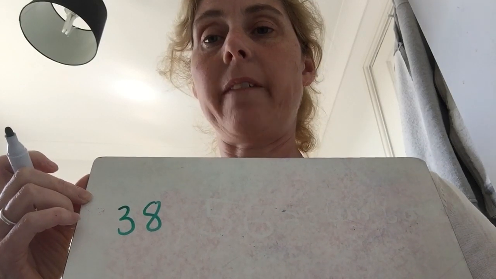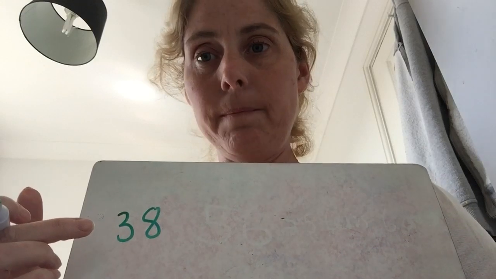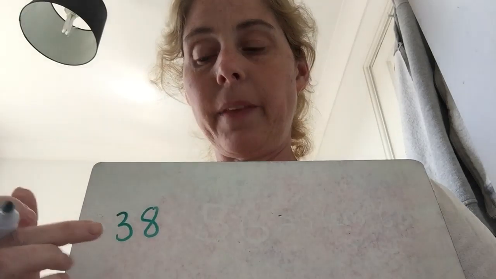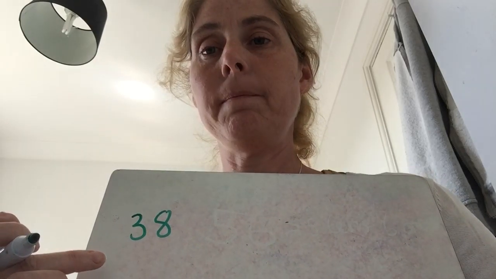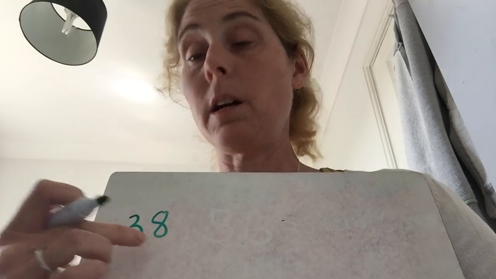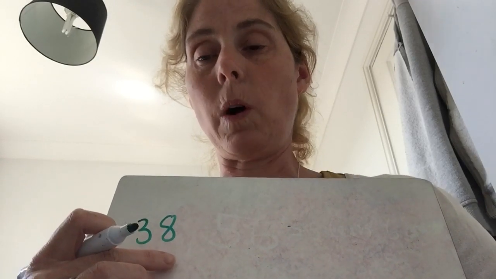Okay, so look carefully. Remember, where does the ones always come? At the end. Where does the tens always come? Just before the ones. It's always the tens and then the ones.